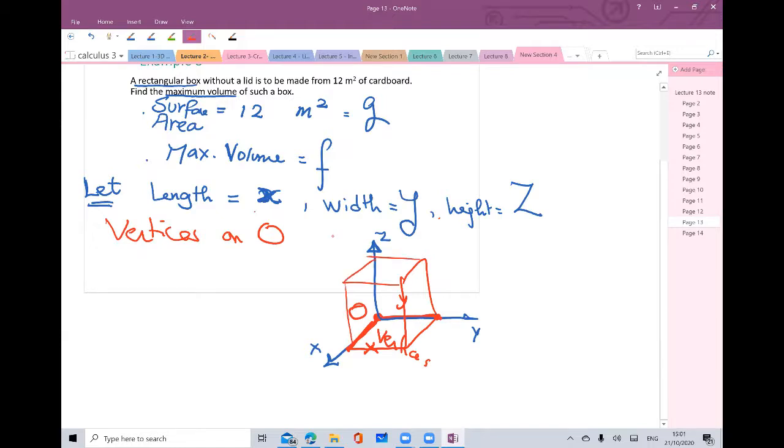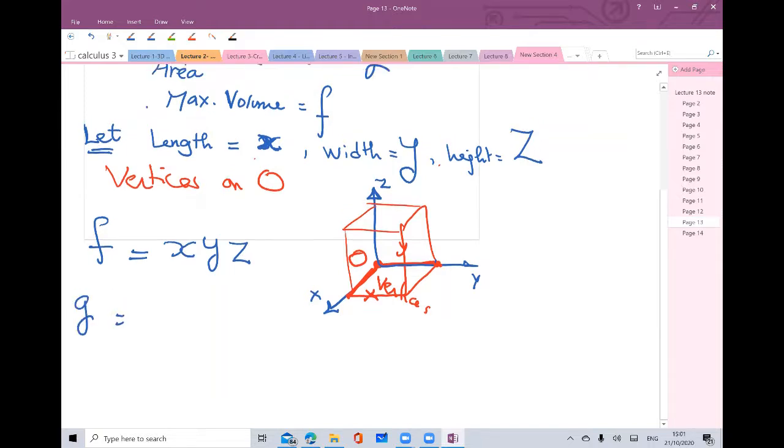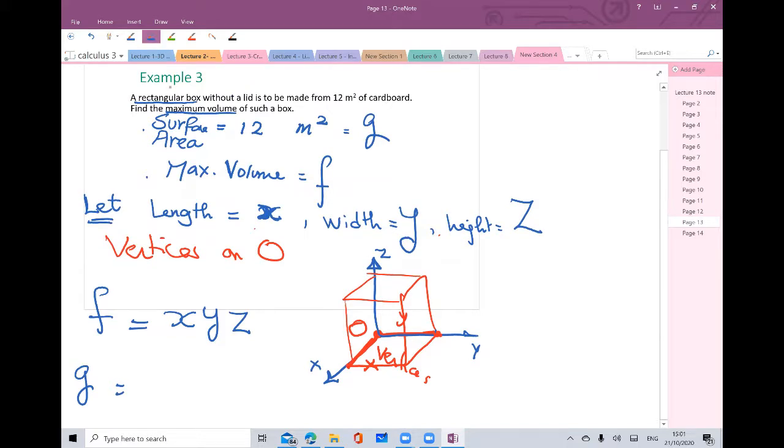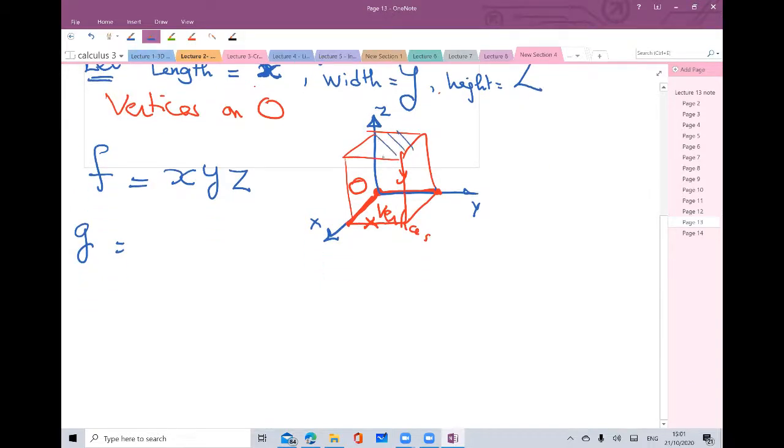Now that you defined your variables, start putting your f. My function f, which is the volume, will be the box length times width times height. Now I have variables. What is your surface area, which is the g function? Here it said it is the area without the top, so I need to be careful. I need the surface area without the top. I don't have this, right? So I have a base and four faces.